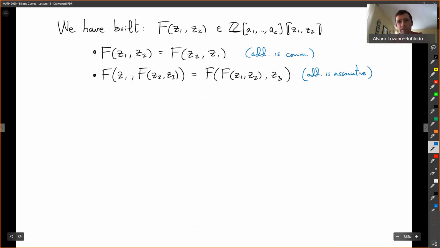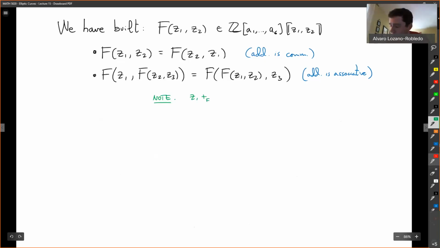By the way, these formulas may be easier to comprehend if, instead of writing f of, you write the f in this new form, evaluating two parameters in this power series as z1 plus sub f z2.